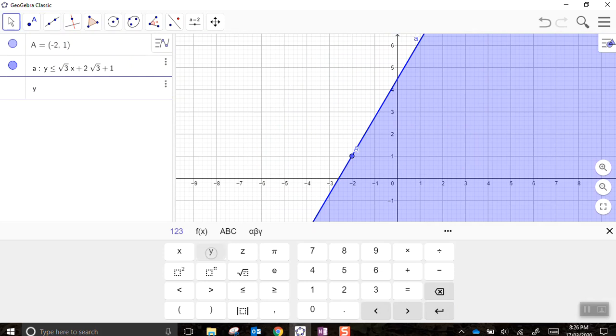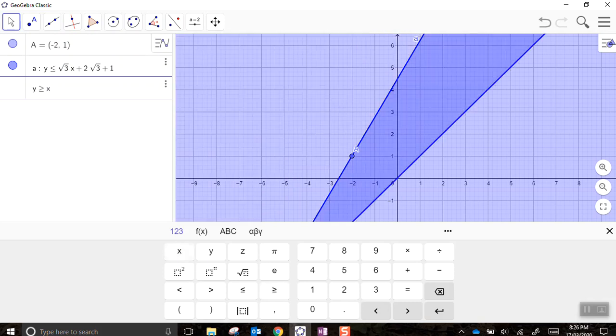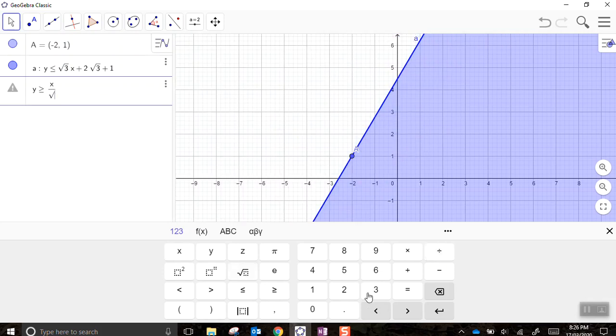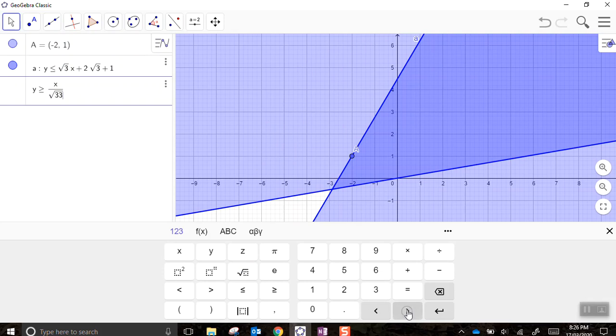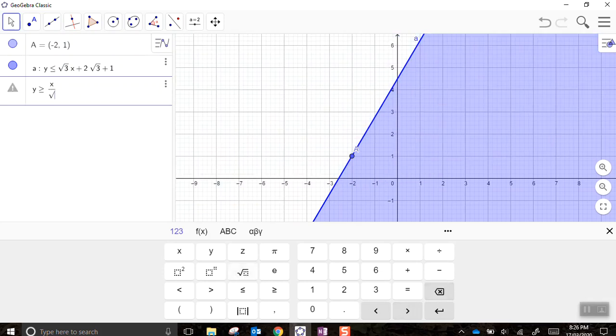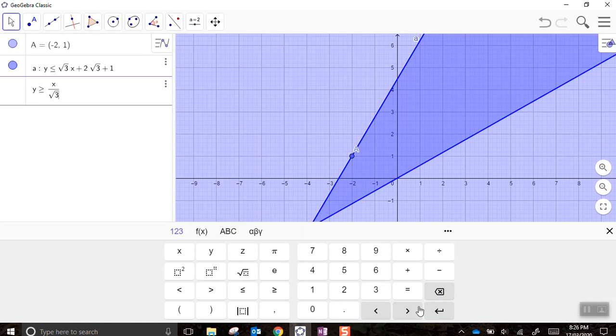This one was y is greater than or equal to x over root 3, x divided by square root 3. Oh, somehow managed to touch that twice. Square root 3, that's better.